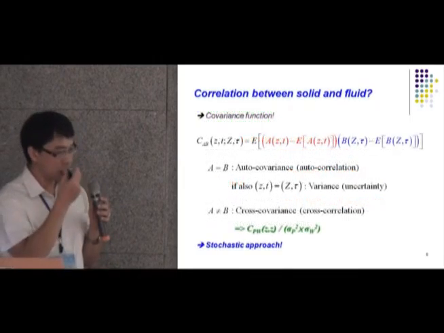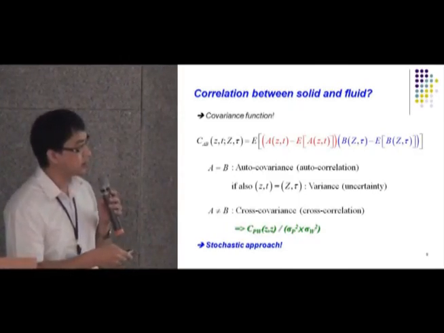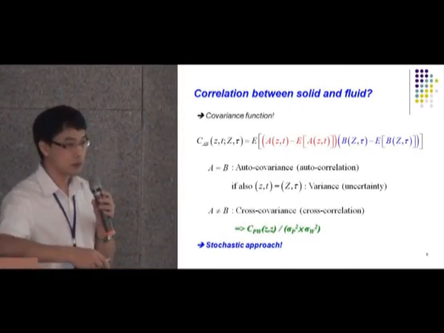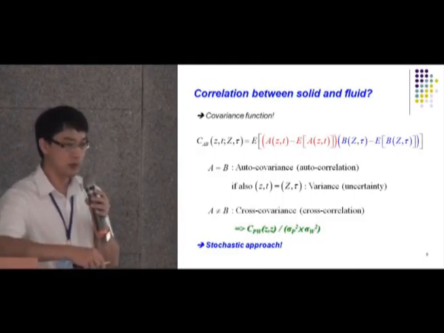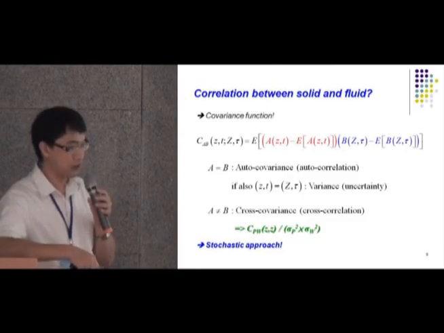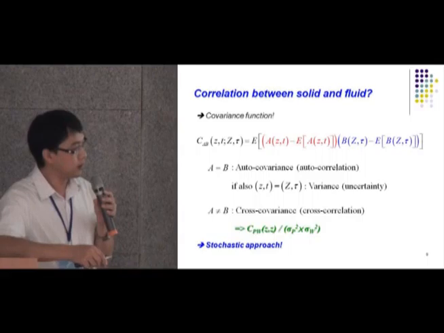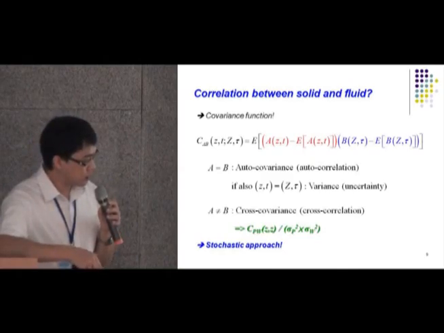So we are thinking that if we can use the solid phase and the fluid phase to observe the behavior using the correlation behavior. The correlation behavior can be calculated from the covariance function. We have two variables A and B, placed at different places and different times.